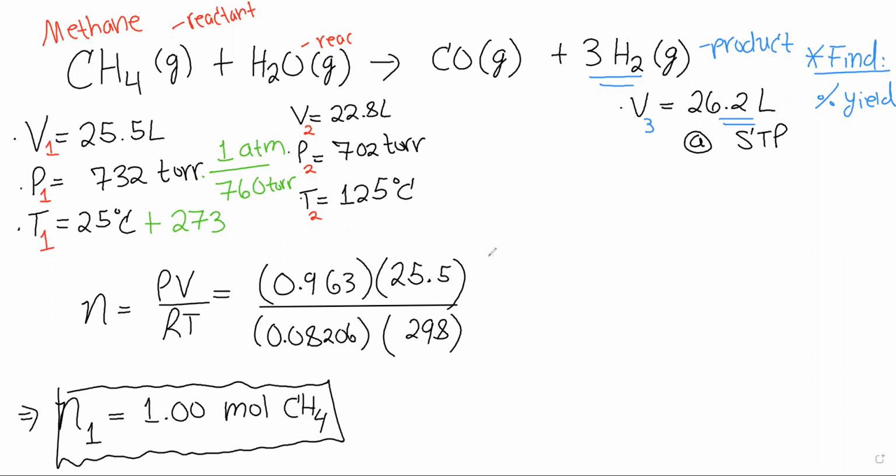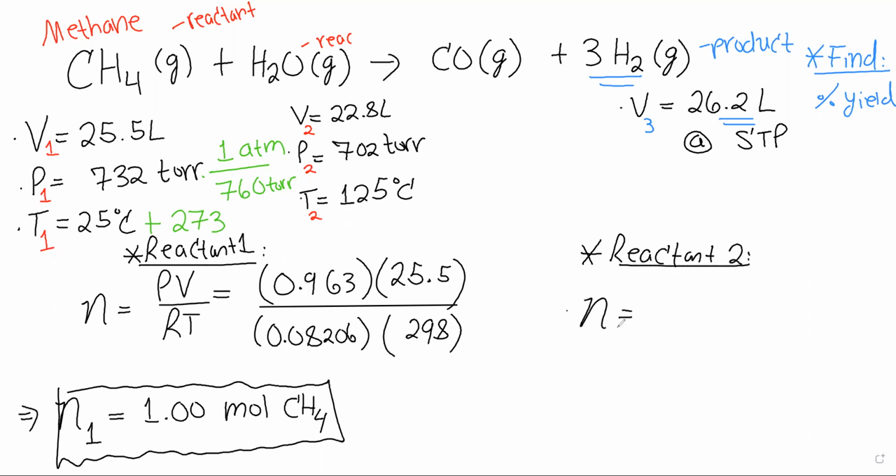Excellent. Now we do the same procedure with reactant 2. Number of moles of reactant 2 is given by PV over RT. Again, I'm going to take the torr for pressure 2, and I'm going to use 760 torr to every 1 atmosphere.